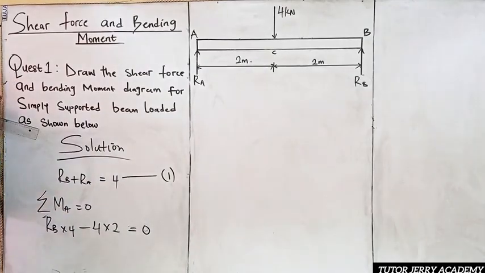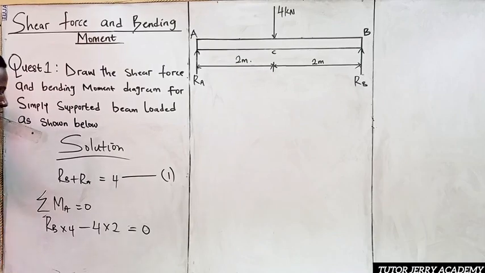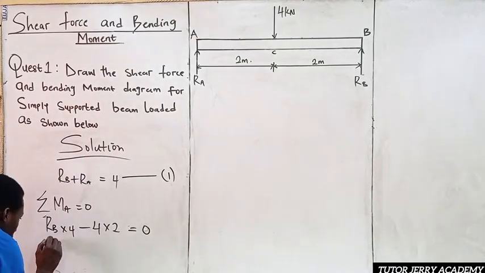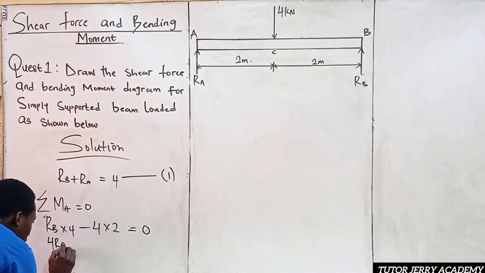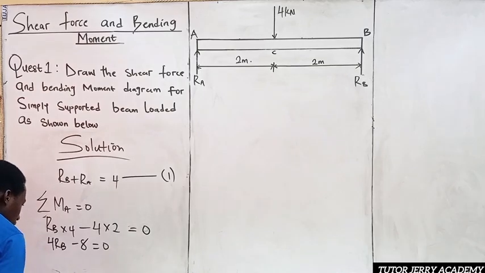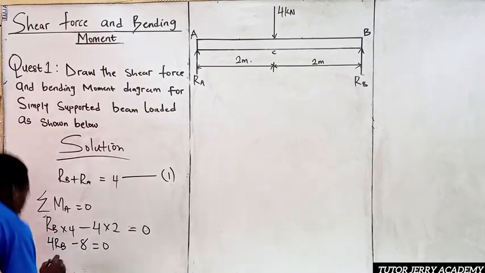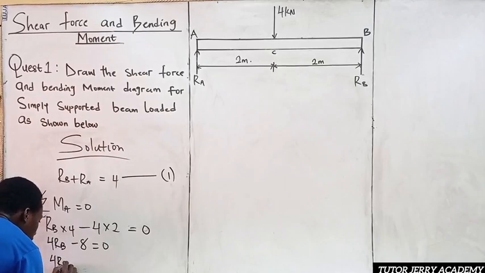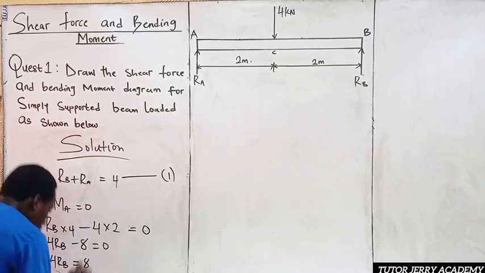Now 4 times RB is nothing but 4RB. 4 times 2 is nothing but 8. So this will be 4RB minus 8 equal to 0. If I take 8 to this other side, I have 4RB equals 8.